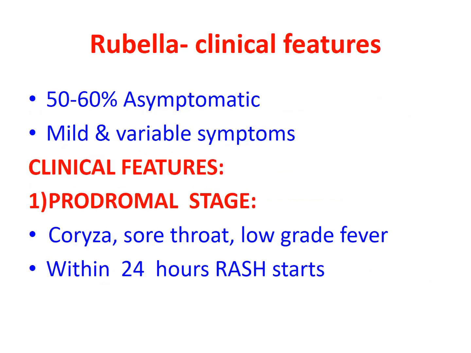Now come to the clinical features of rubella. 50 to 60% of cases remain asymptomatic, and many just have mild and variable symptoms which go unnoticed. Rubella has stages of clinical presentation. The first one is the prodromal stage, where there is coryza, sore throat, low grade fever, and within 24 hours of these symptoms the rash starts, and the rash is the main feature.